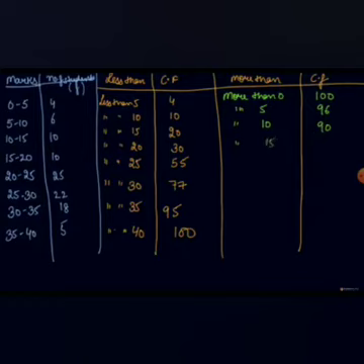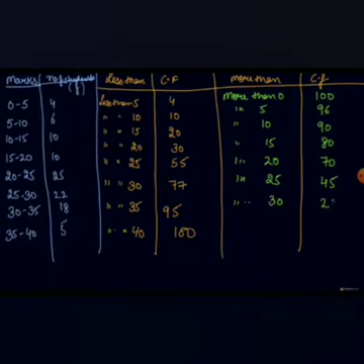More than 15. Students more than 15 are 90 minus 10, that is 80. More than 20. Students who have scored more than 20 are these, so 80 minus 10, 70, are more than 20. More than 25. So 70 minus 25, that is 45, are more than 25. More than 30. 45 minus 22, that is 23.